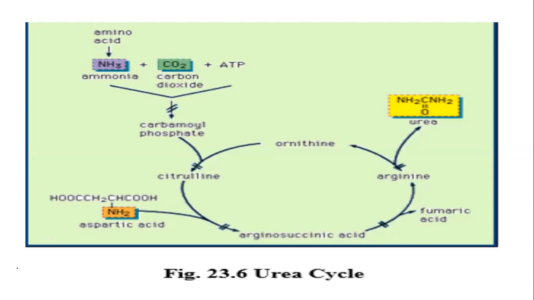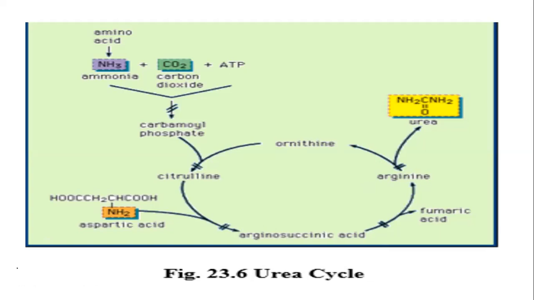And from arginine, as urea is separated, the remaining compound is ornithine, which again takes part in the next cycle of the urea cycle. It continues as such for the next cycle.